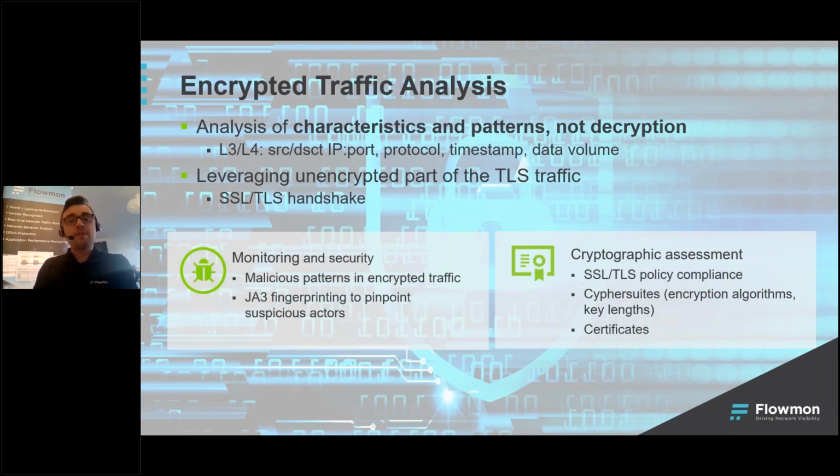So we can recognize two types of use cases. The first is monitoring and security, where we use malicious patterns in the encrypted traffic. And the second is cryptographic assessment and watching for policy compliance.